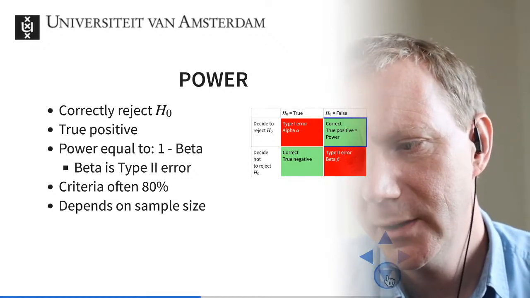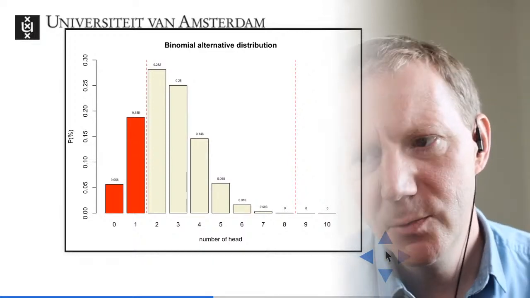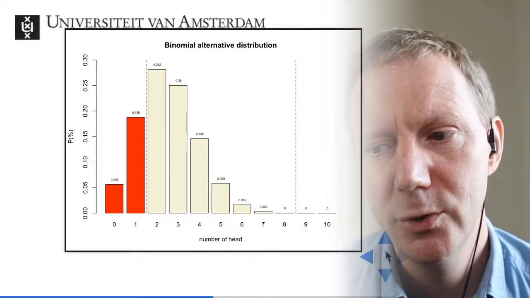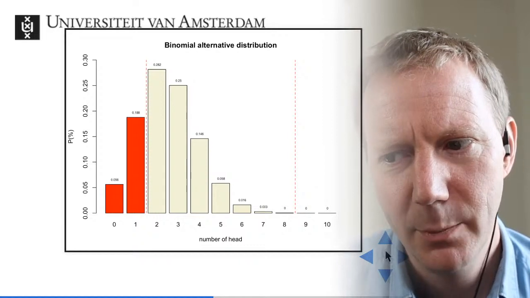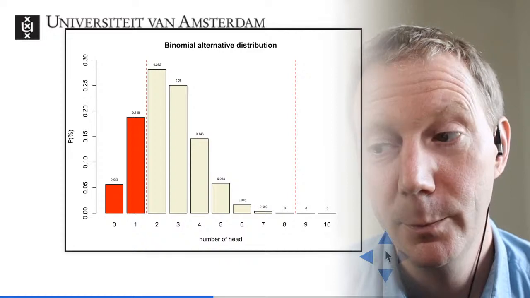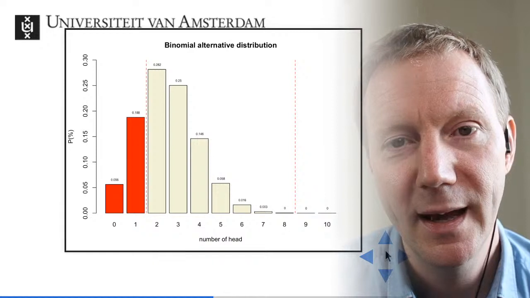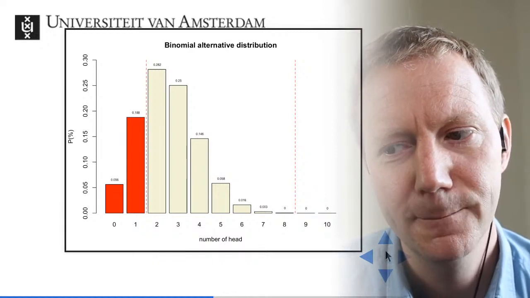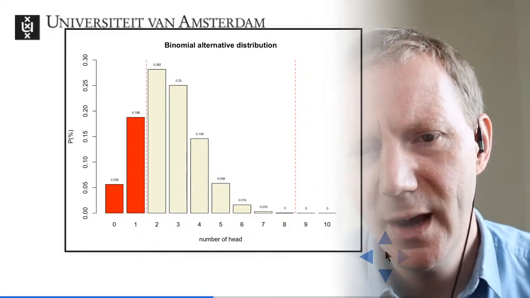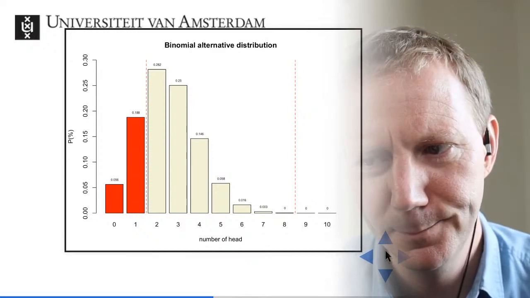So relating this to our decision boundaries would mean that if this would have been the actual alternative distribution, then I still have the set boundaries. You can see that. These boundaries are put here based on our chosen alpha value, 5%. And my question to you now is, how much power do we have in this test?